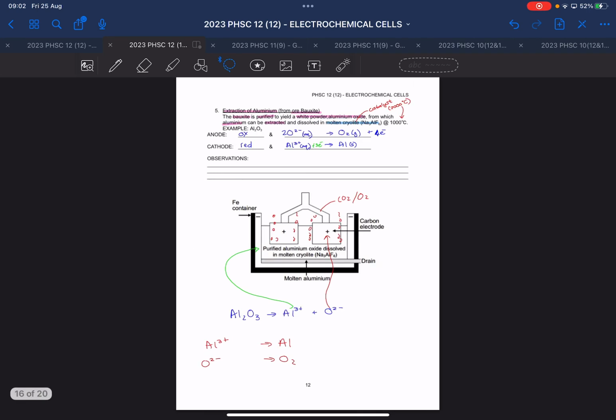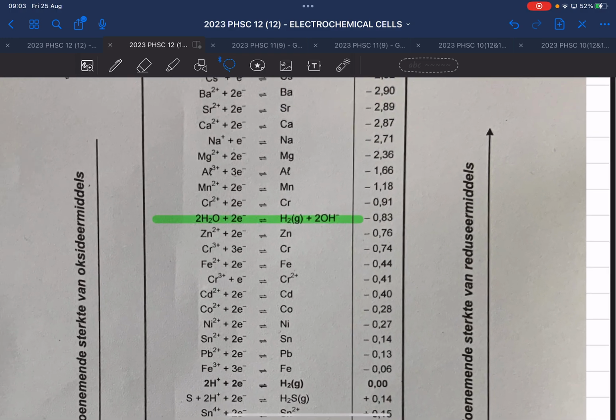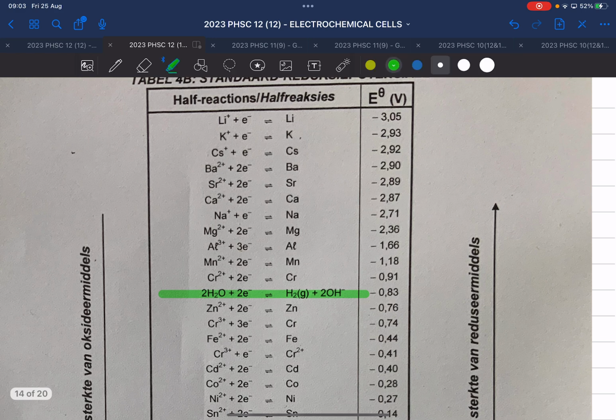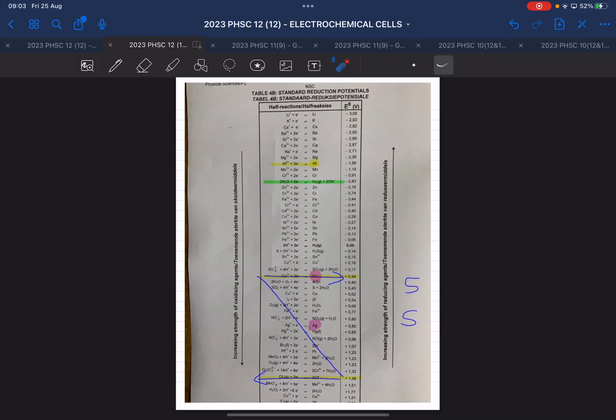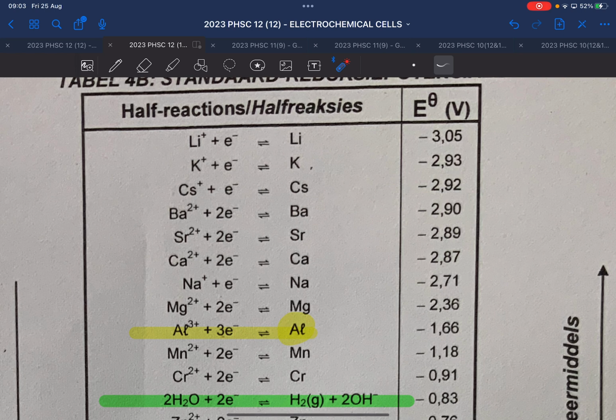Okay, table 4B, where are we? Okay, so we know we have aluminium. We want to know, what is aluminium? Is it the oxidation half reaction, or is it the reduction half reaction? Now, look at the top of aluminium. Do you see any gases here at the top?